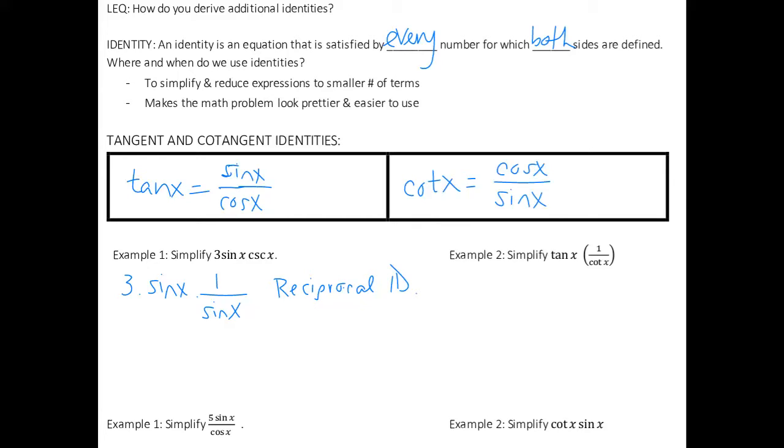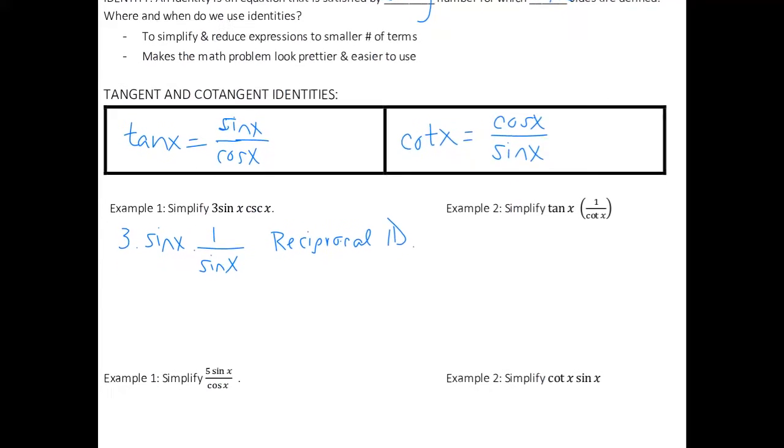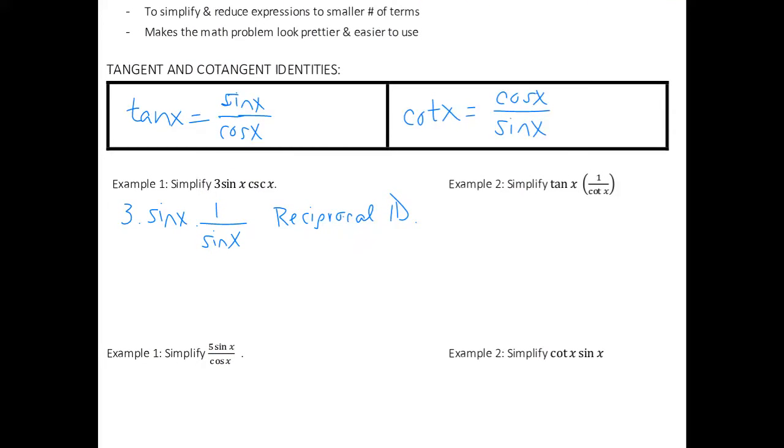Perhaps what I could look at next is that when I'm multiplying all 3 of these pieces, I can multiply across the top and across the bottom. So this is really 3 sine x over sine x. Multiply fractions.